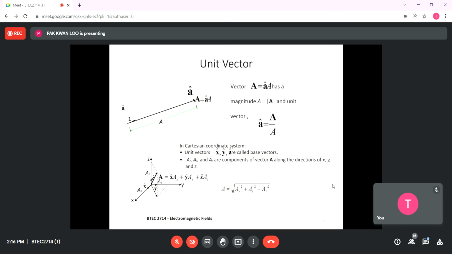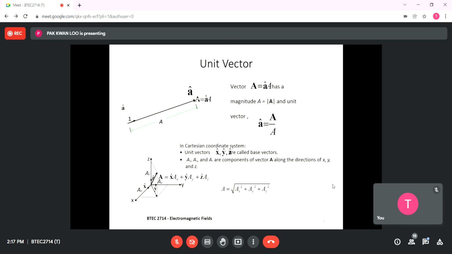So, unit vector. A unit vector is a vector along the vector itself. For example, I have a vector A, and the unit vector is a small cap a, and the whole vector here is capital A. Small letter a is the unit vector.